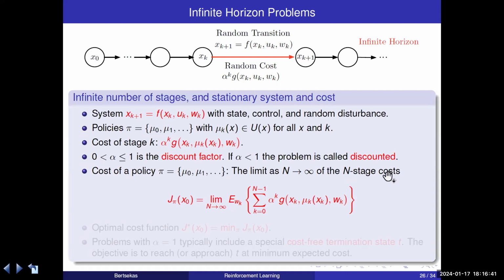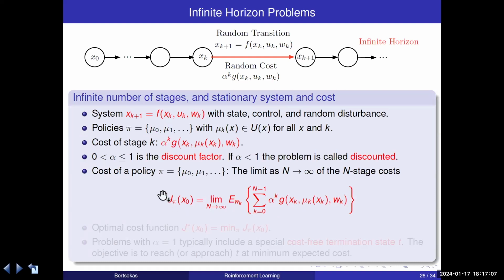So let's see what the cost function is. It is the n stage cost with n going to infinity, but it includes also this alpha to the k. As a result, if g is bounded, this expression remains bounded because it involves the sum of a geometric progression multiplied with bounded terms. It's finite, mathematically speaking.